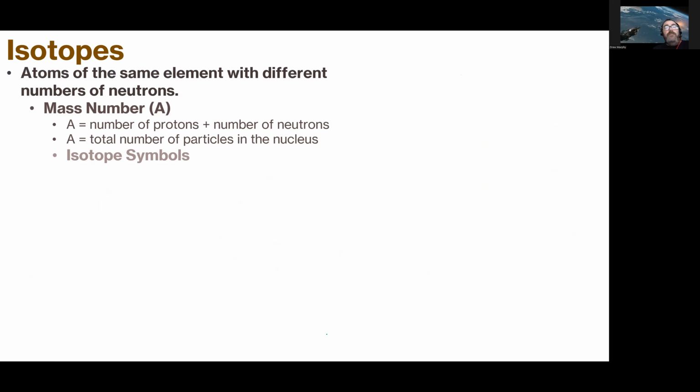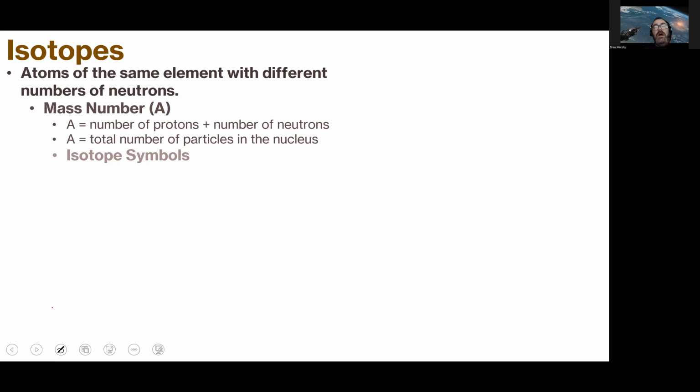What we want to dig into here is isotopes. Isotopes are all atoms of the same element with different numbers of neutrons. They all have to have the same number of protons or they're not the same element, but they can have different numbers of neutrons because the neutrons don't have anything to do with the identity. They're only there to help hold the nucleus together.